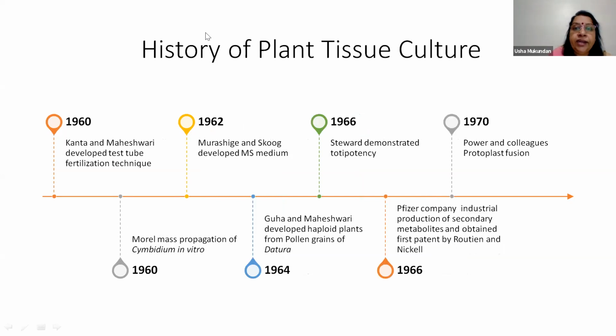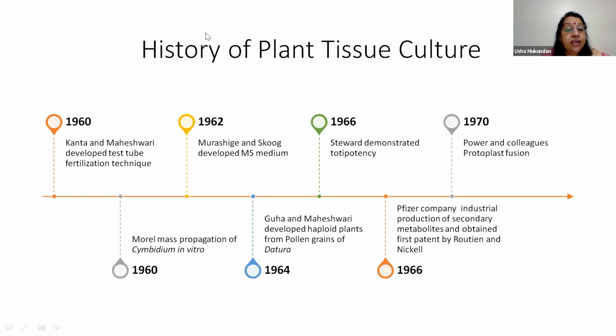Now, the Indian scenario, especially the Delhi School of Plant Sciences. Right now there are two campuses, the North Campus and the South Campus. The North Campus is where most of these plant tissue culture scientists used to visit. You had stalwarts like Maheshwari and Vasil, all of them contributing a lot.